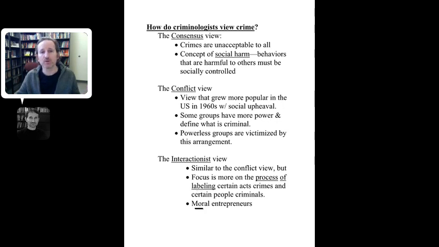One of the more important theoretical contributions here is by a fellow named Howard Becker, who came up with this term I just underlined, moral entrepreneurs. And these are people or groups of people who take it upon themselves to change what counts as crime. A great example of this is MAD, the group you all know, I'm sure, Mothers Against Drunk Drivers.